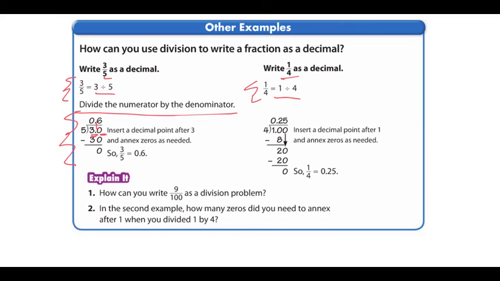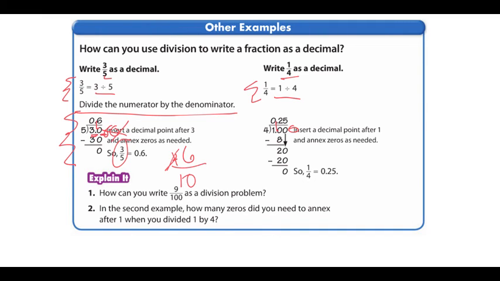Just bring the decimals straight up in both of them, and then you just divide, and you keep adding zeros until you run out. So here they had to add 2 zeros. Obviously these we don't have to add because 6 goes into 30 evenly. So then now I see they got 6/10. Well, that's equivalent to 3/5.